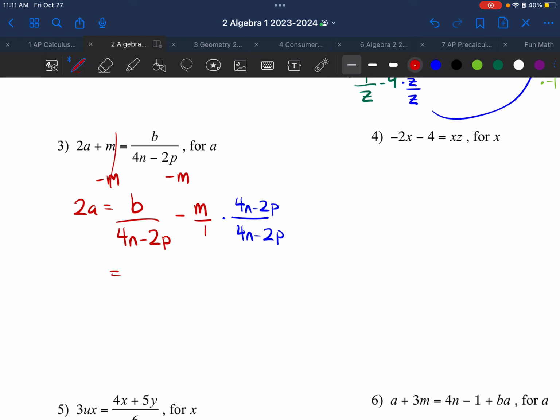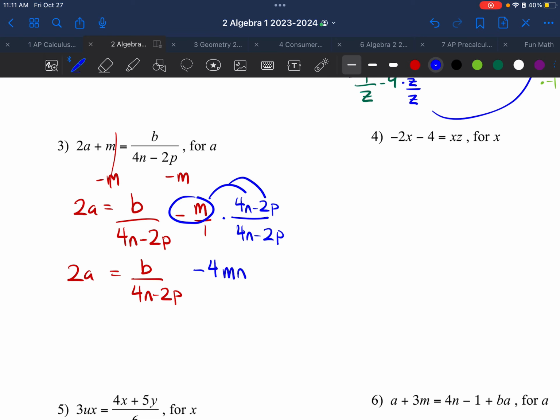It's going to be equal to, I still have a 2a on the left. I have b on the top. I have a 4n minus 2p. Nothing has changed. Here's the change. This m is going to be distributed into these two terms, and technically it's a negative m that's being distributed into those two terms. So I'm going to be careful with my signs. I have a negative 4mn.